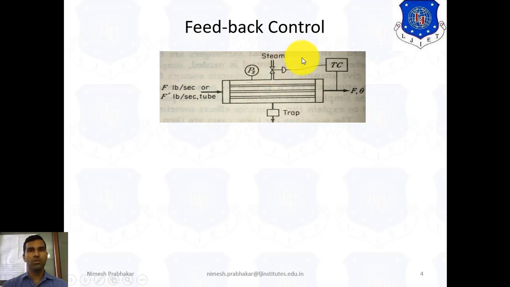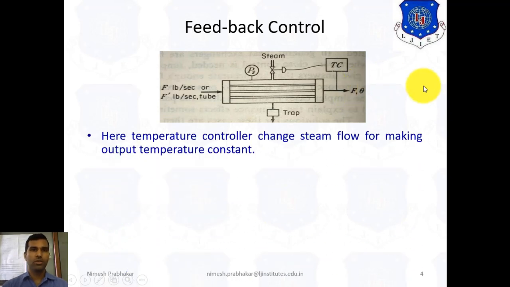Same as we discussed in throttle control, this is a feedback control. The controller controls the steam flow by opening and closing this valve and regulates the temperature of the outlet flow. The temperature controller changes steam flow to keep the output temperature constant.